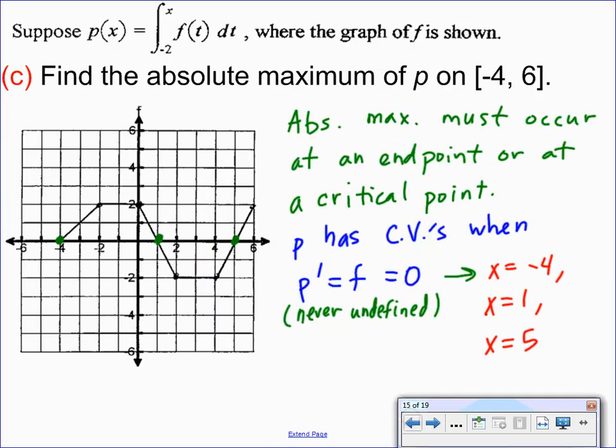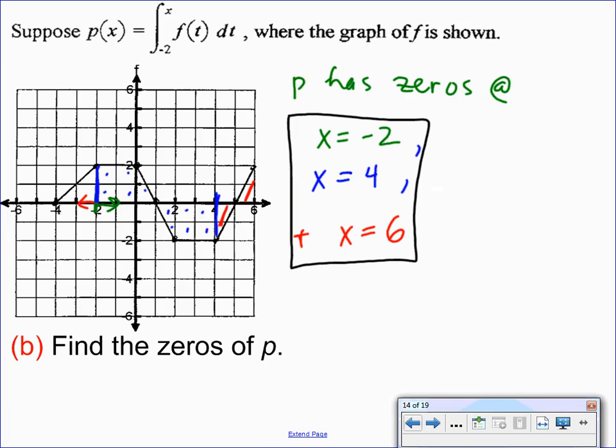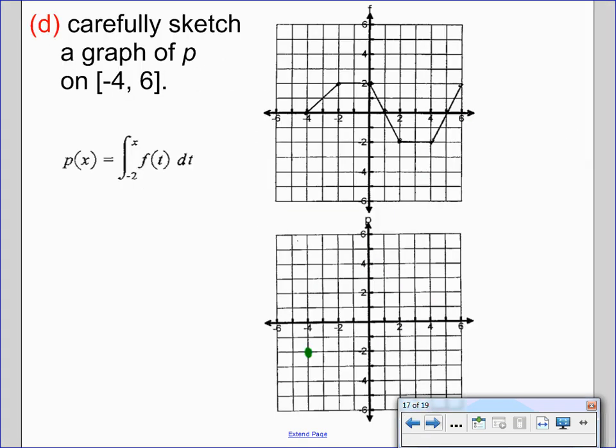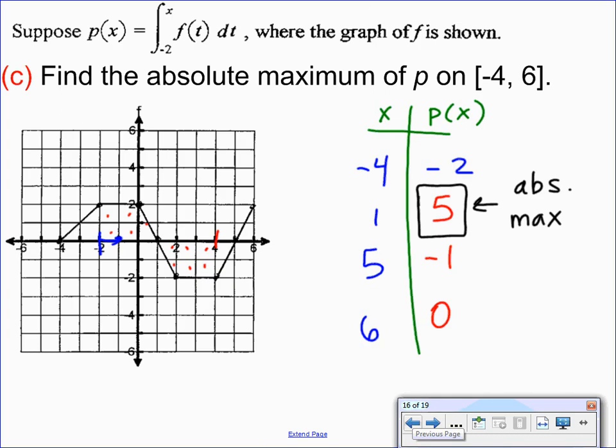We had zeros at -2, 4, and 6. We can add those. Now we can go ahead and include additional points that we calculated. P has an absolute maximum at x equals 1 when the value of P is 5. So we need 1, 5.